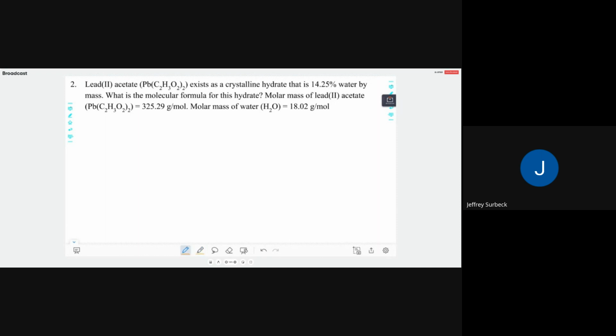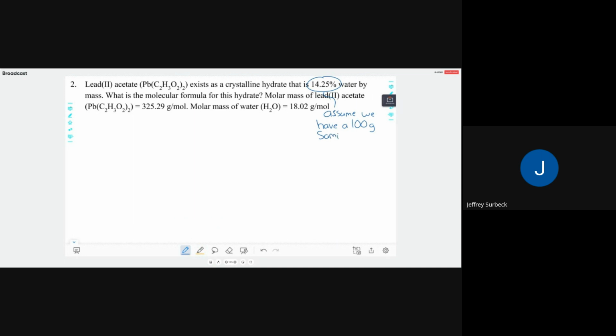All right, so I want to do a couple of things here. Number one, I want to circle and highlight the percent. If we're given a percent, we're going to assume we have a 100 gram sample.